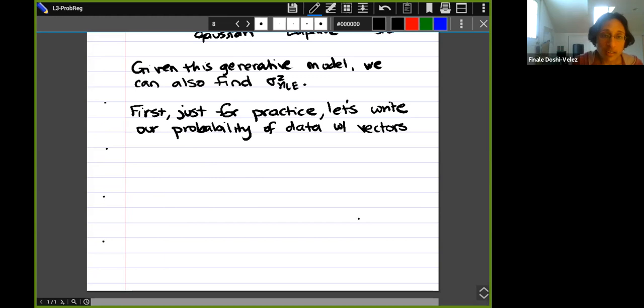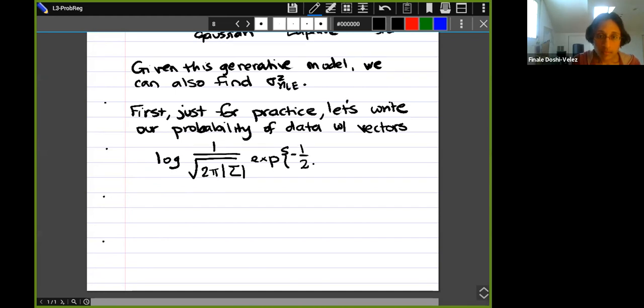So the log probability of the data is going to be given by, I'm just going to write down the expression and we'll talk through it. 2 pi, squeeze it onto the line.